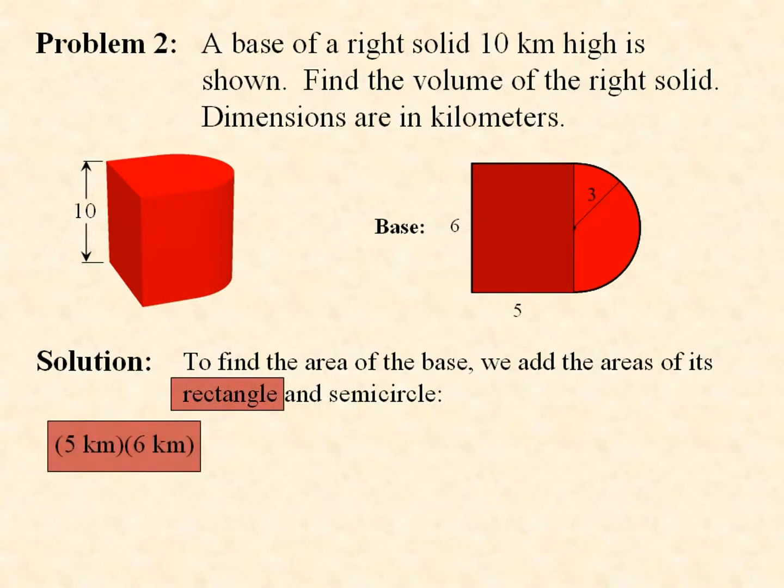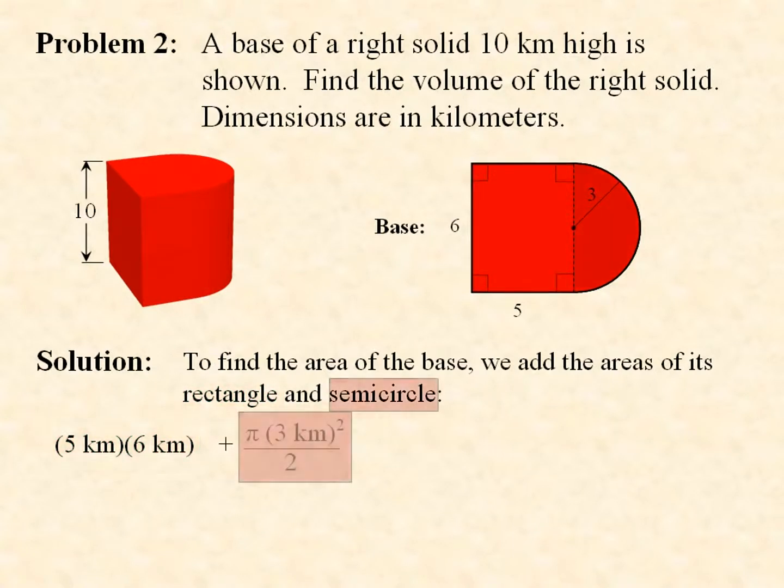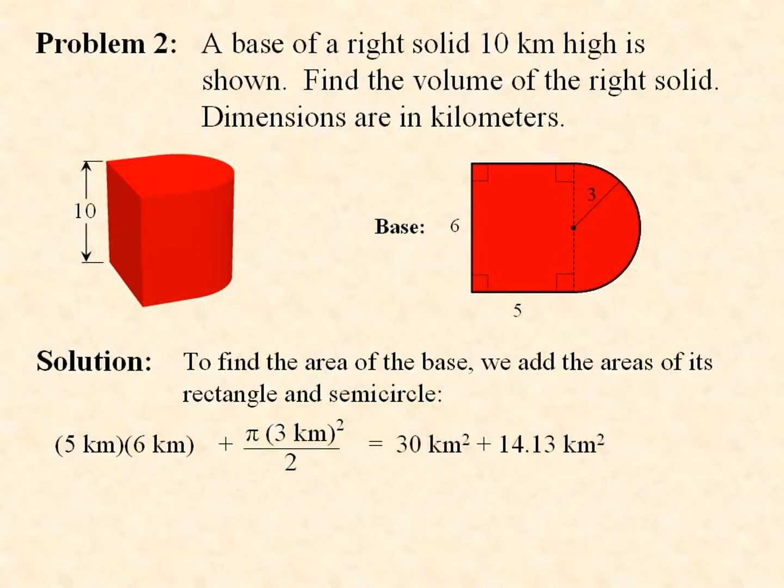The rectangle is 5 kilometers by 6 kilometers, and for the semicircle, we use the formula pi r squared and divide by 2 because it's half of a circle. And so if we use a calculator, we have 30 square kilometers plus 14.13 square kilometers, which is 44.13 square kilometers for the area of the base.